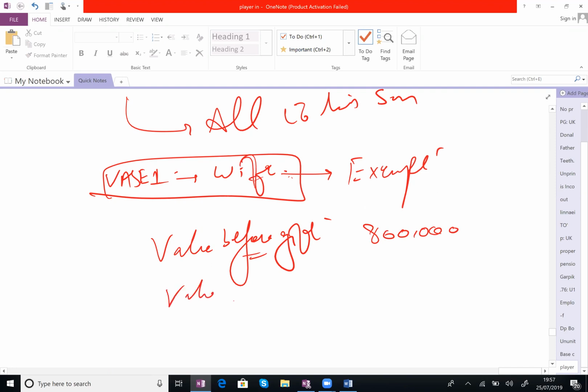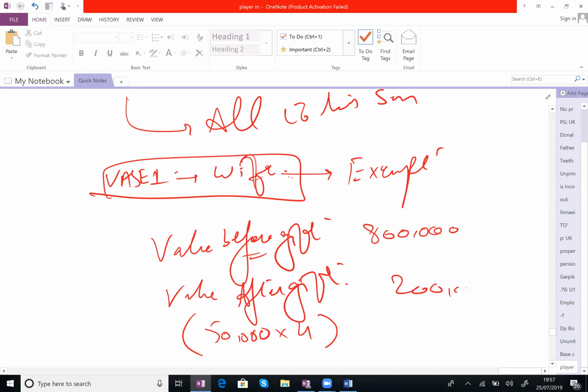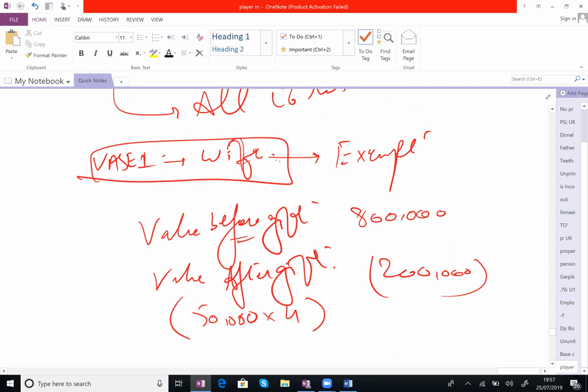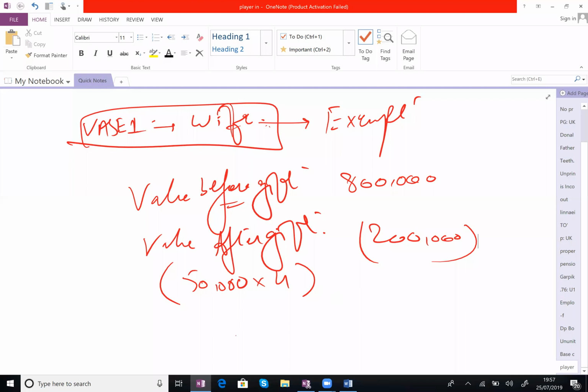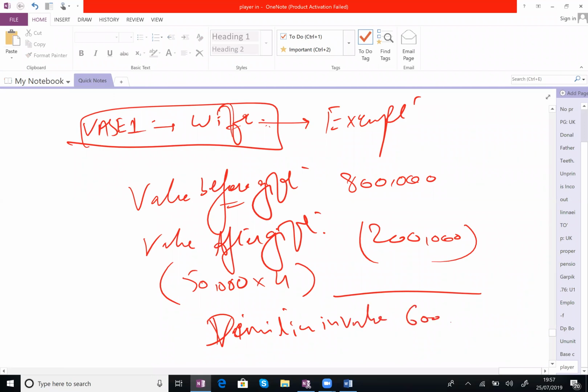So what is the value after the gift? 50,000 is one vase value, and you have 4 vases left, so 2 lakhs, not 7 lakh. So what is the diminution in value, the decrease in value? 6 lakh. And it is exempt because you are gifting to the wife, right?